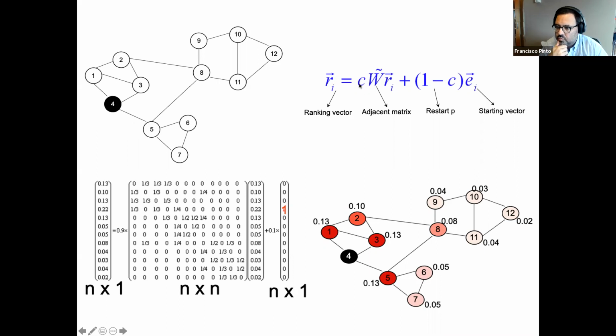So normally the most commonly used value for C, for the damping factor, is 0.85. It is a value that allows random walks to spread a little bit farther away from the origin, but still you don't get a vector that is highly correlated with the degree.